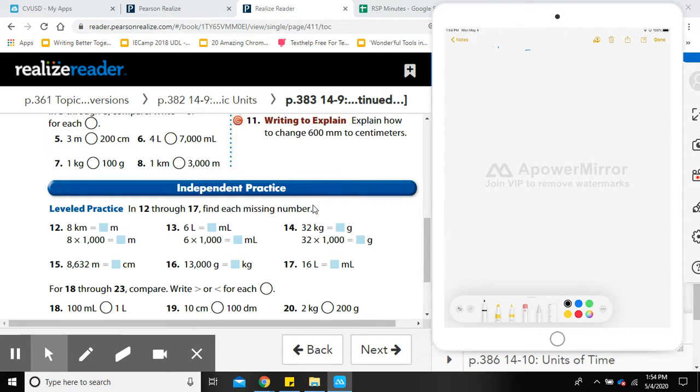Let's do kilograms and grams. Let's do number 20. So if we have 2 kilograms and 200 grams, we have to determine which one is bigger than the other. Now I'm going to do it over here on this side since it makes a little bit more sense sometimes.